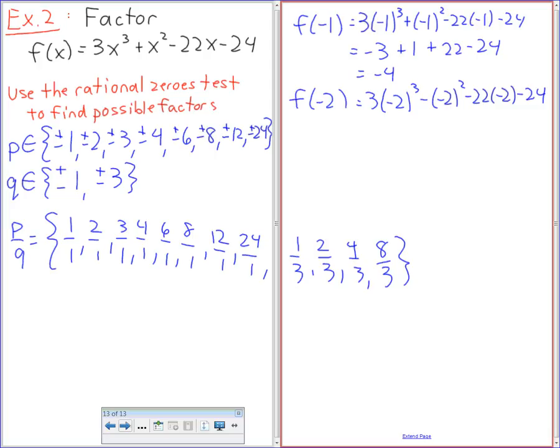So this turns into 3 times -8, and you can do this on your calculator. -4 plus 44 minus 24. So it's equal to negative 24 minus 4, all right? Oh, plus, that's a plus, whoops. Plus 44 minus 24 equals 0.